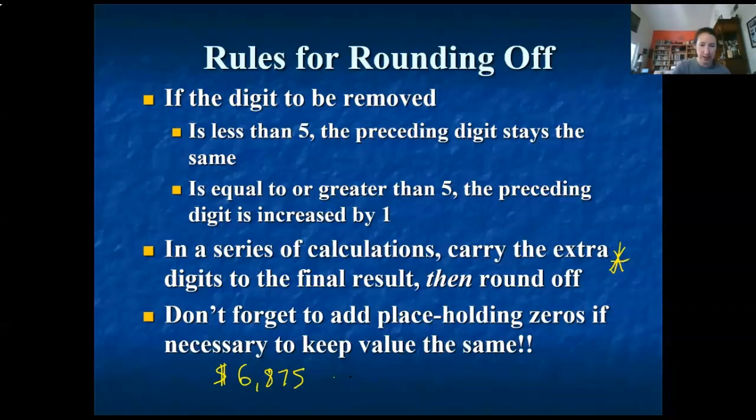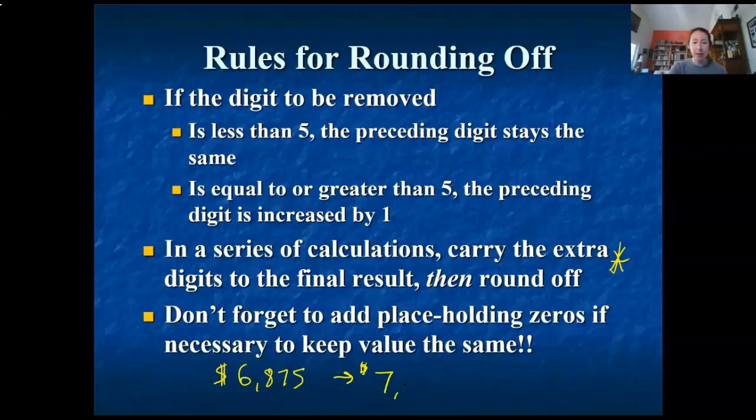So if we rounded this to one significant figure, I rounded that to 7, and the bank's like, we've deposited your $7. You'd be a little upset, right? If you put $6,875 into the bank, and the bank said, okay, I'm going to round that to one sig fig and put $7 in, you'd be like, where's the rest of my money?